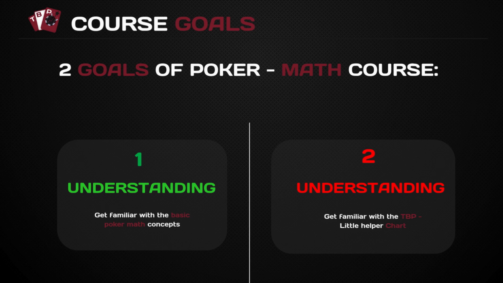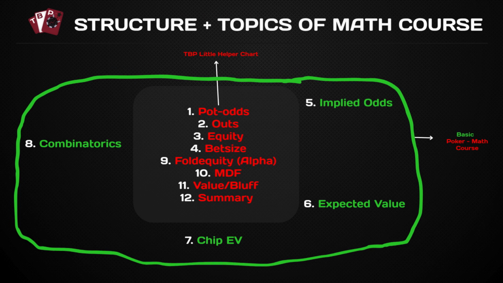How this chart and the structure of the whole course look, we see on the next slide. Here you see the whole structure and topics of the poker math course. This course will consist of 12 lessons, everything in the green circle, or not really a circle, maybe we call it a green border. You see what I mean.